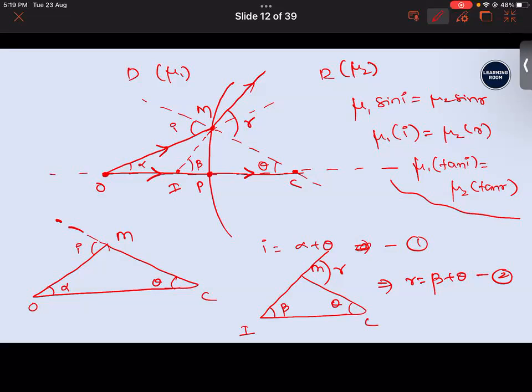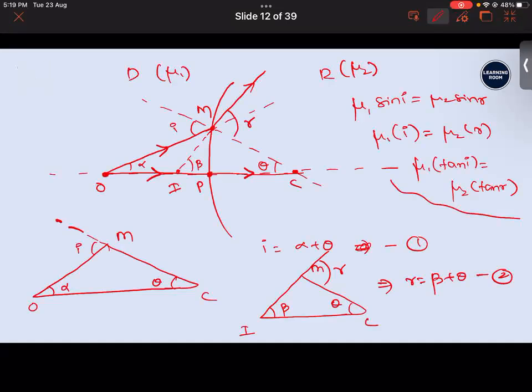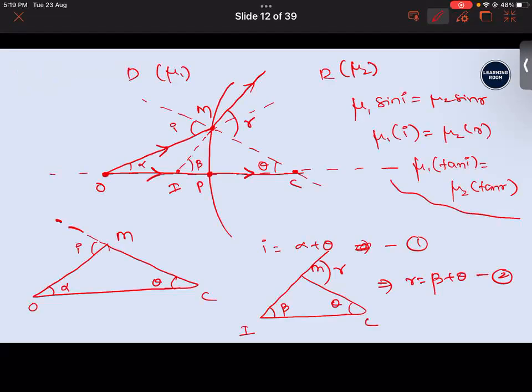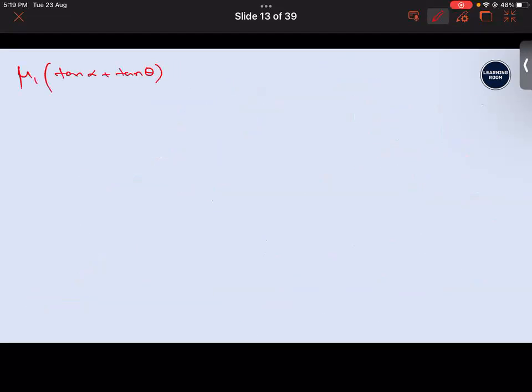Having this in mind, you will have mu1 into, what is tan i? tan i is tan alpha plus tan theta. Similarly, mu2 into tan r will be tan beta plus tan theta.